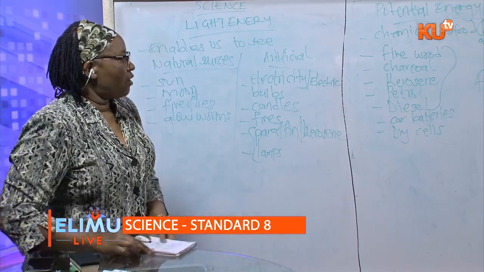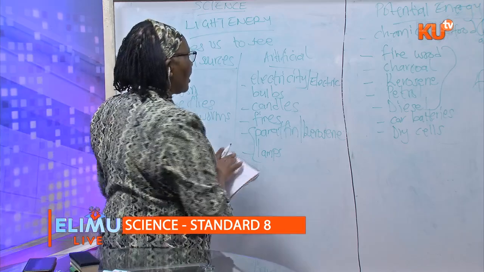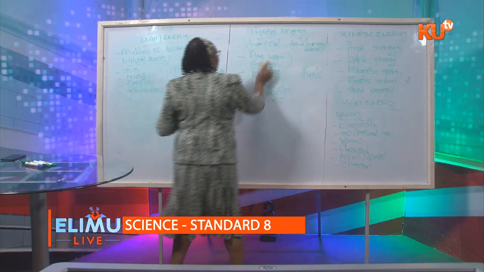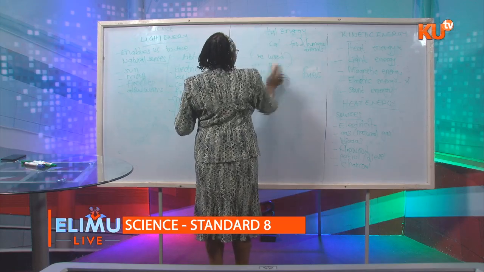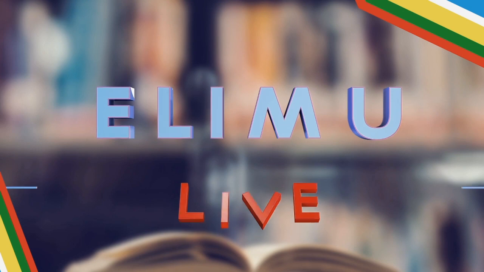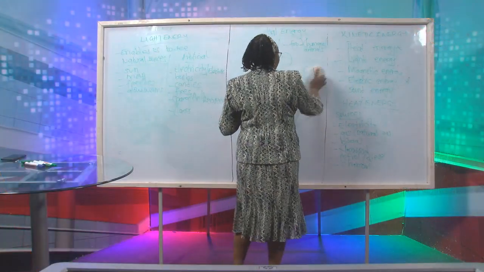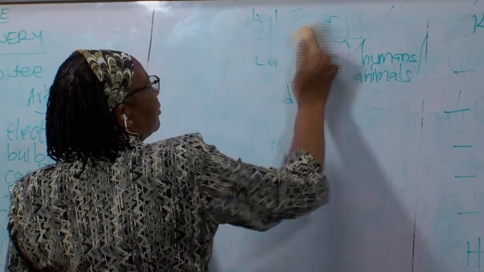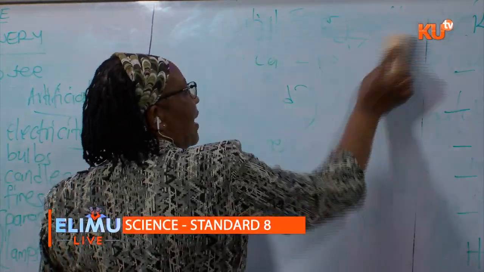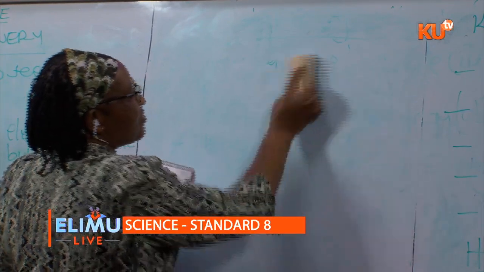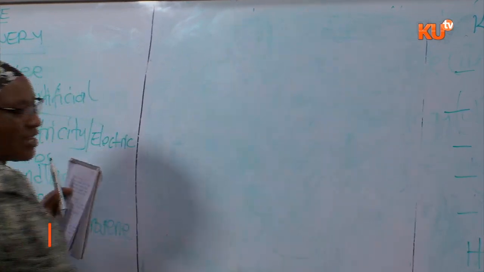Okay, we move on to another type of energy, and this is magnetic energy. Now, magnetic energy, I know most learners, or some of them, say spark. That spark pulls things, you put it near a pin, it pulls that pin.